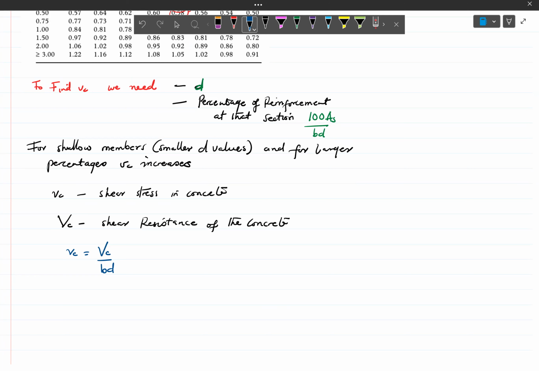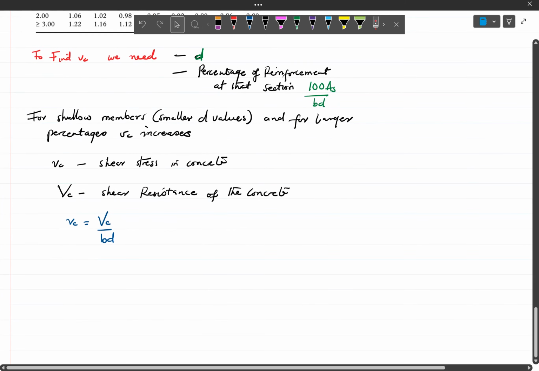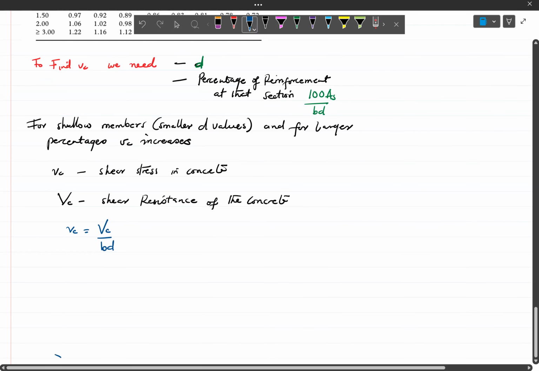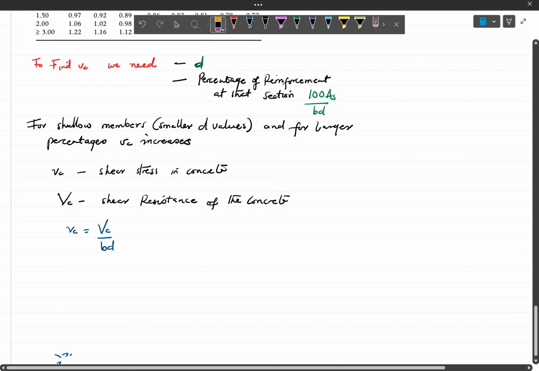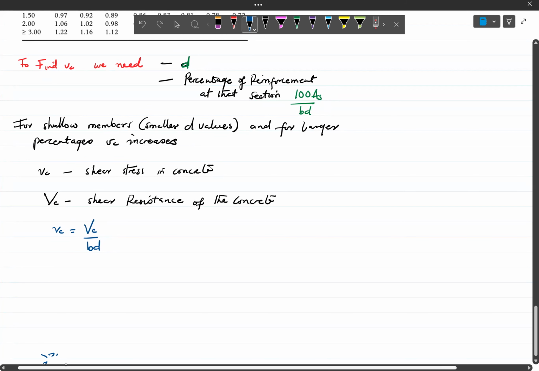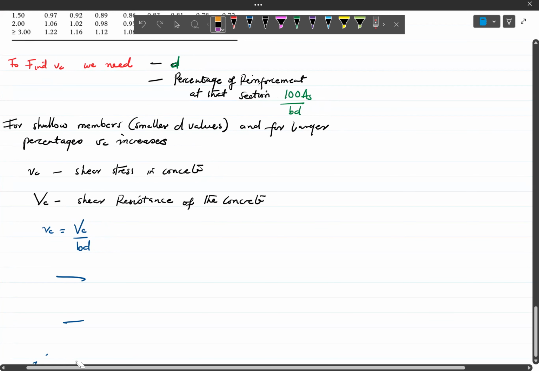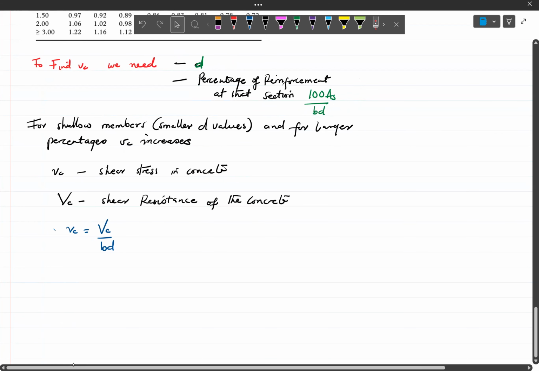But then to find the total shear stress resistance, for now let me just put it here. So this is for the concrete. All these are for the concrete.